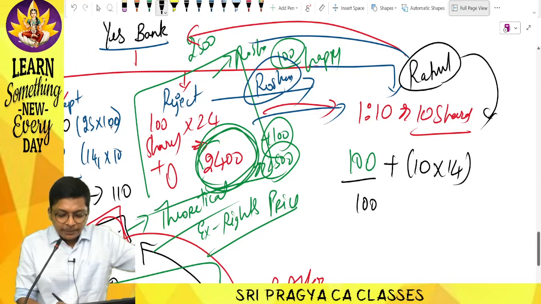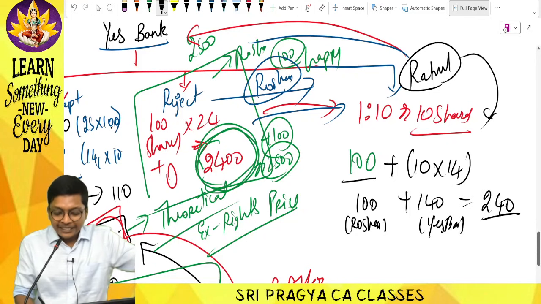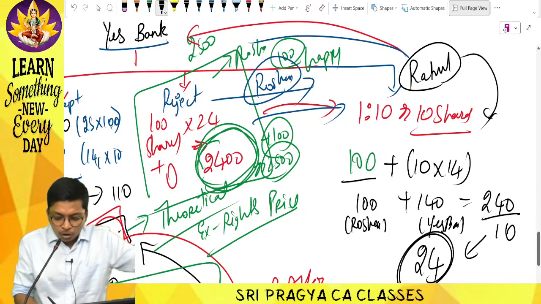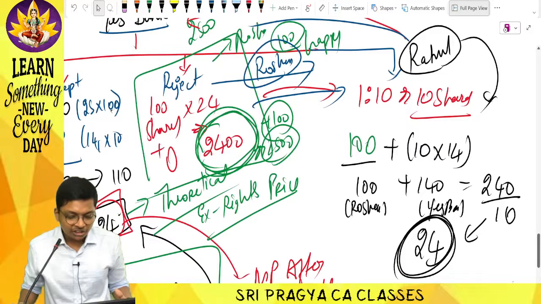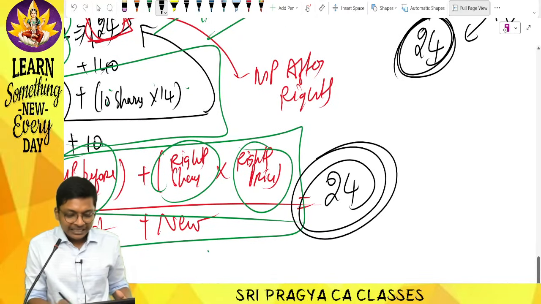So basically he paid 100 to Roshan and 140 to Yes Bank, and totally he has paid 240 to buy 10 shares. Effectively, Rahul also is paying 24 per share, where 24 is the price after the rights issue.